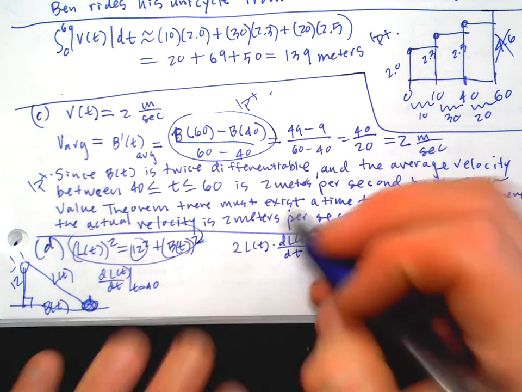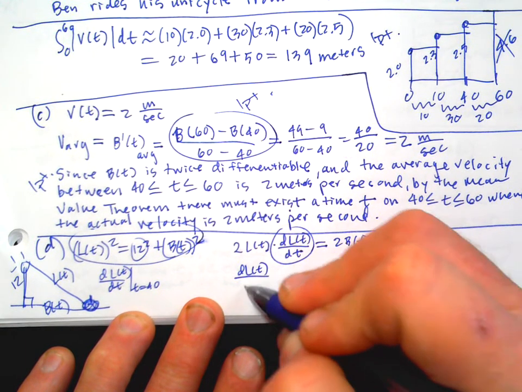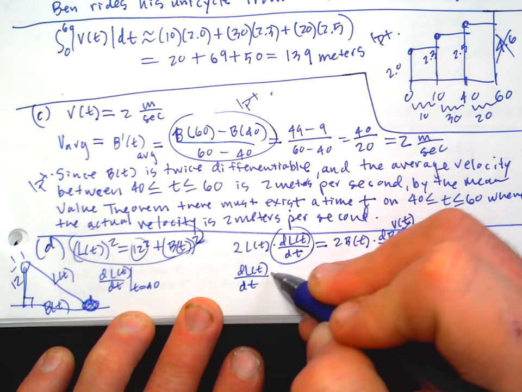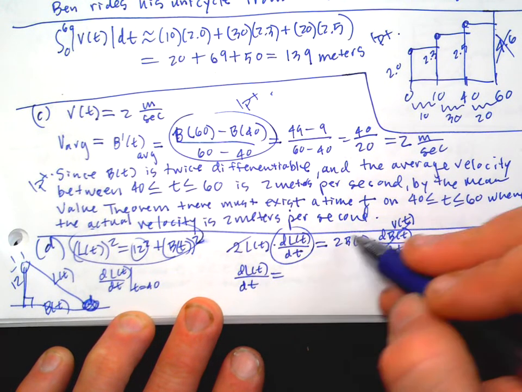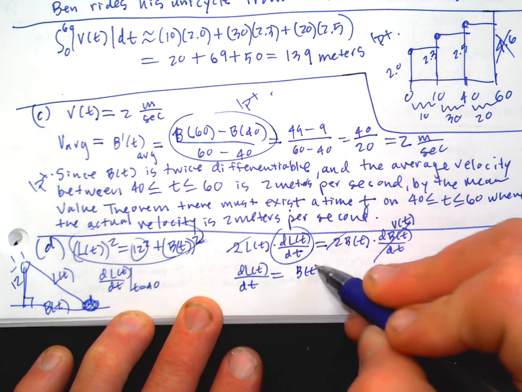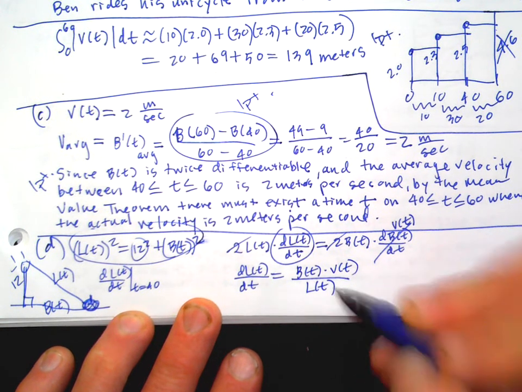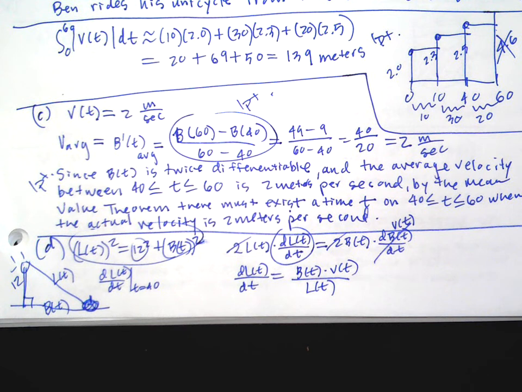So we're trying to find dL/dt. We can divide a 2 out of both sides, and then it's going to be B(t) times V(t) over L(t), right? And let's see, what else did they tell us?